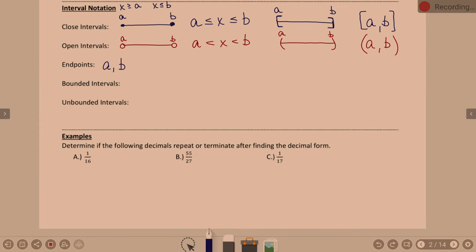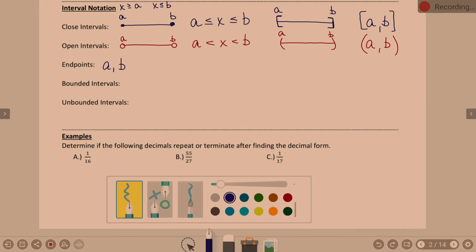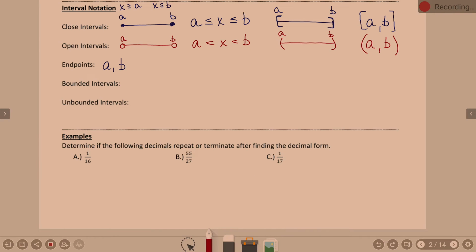But if something is bounded, it has boundaries. It has endpoints. Okay? So up above, we talked about closed and open intervals, right? Those fall into the category of bounded intervals. So any closed or open intervals, like what we did up above, those are bounded, because they have boundaries, they have endpoints.